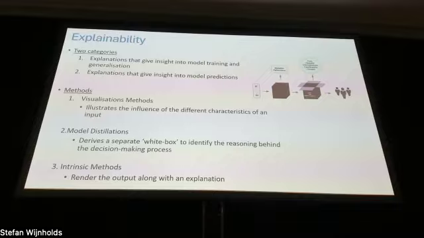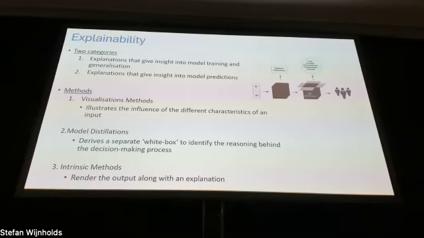Briefly, the literature has classified three different methods that can be used to give insight into model prediction. The first one is the visualization method, where we illustrate those pixels that influence the decisions the network makes, highlighting the different characteristics of our input.